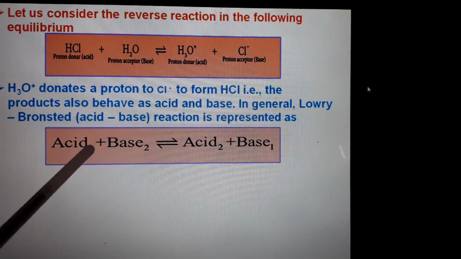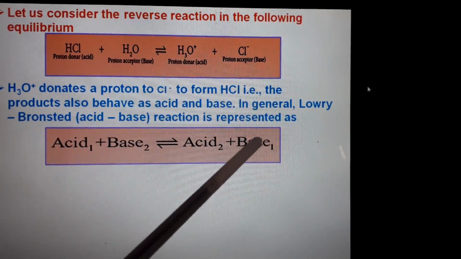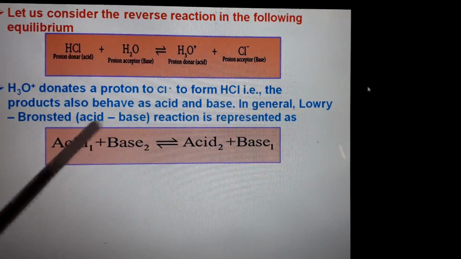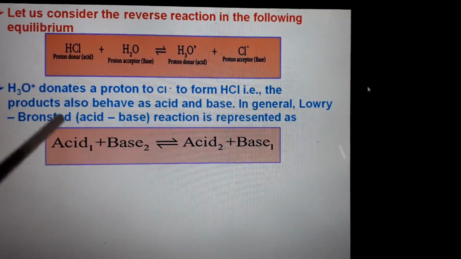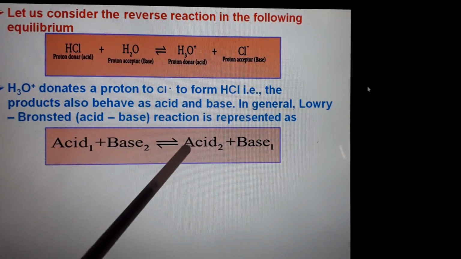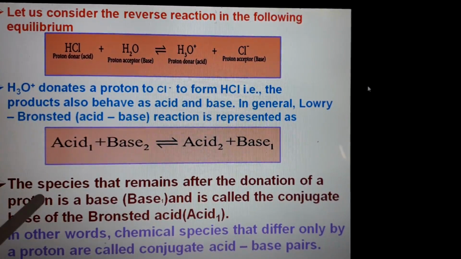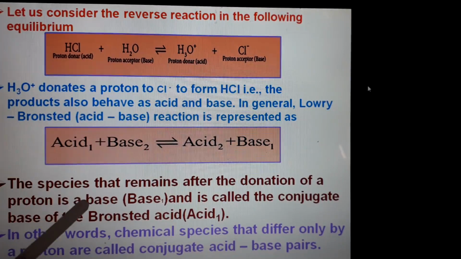Acid 1, base 2, acid 2, base 1. Okay? In this equation, these are the reactants and these are the products. The species that remains after the donation of a proton is a base, called the conjugate base.